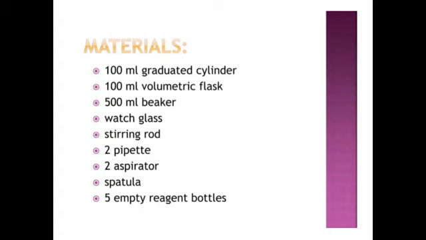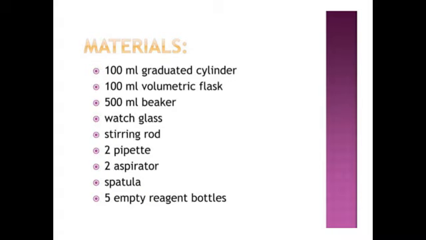For instance, if it's a liquid, you may want to weigh or measure 100 mL, 200 mL. So depending on whatever volume you want to measure, make sure you have the graduated cylinder or measuring cylinder that is equivalent to it. Then again, you must have a standard flask or volumetric flask.